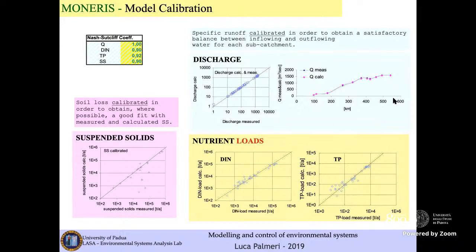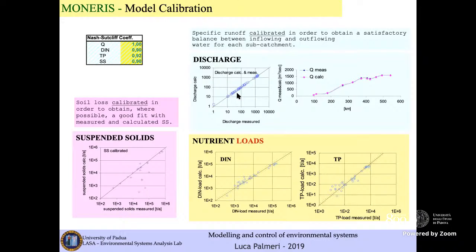And again, this is discharge measured, the blue line, and discharge calculated by the model, the pink line, along the main Po river flow. This is the distance from the source, the spring. So we go from 0 up to 600 kilometers, the total river length.